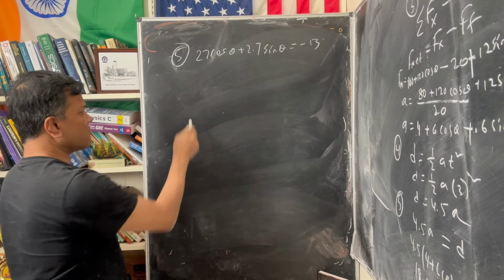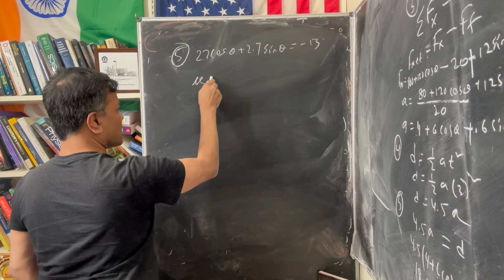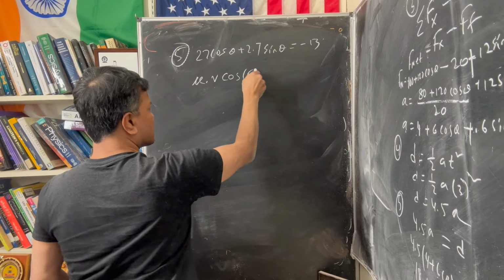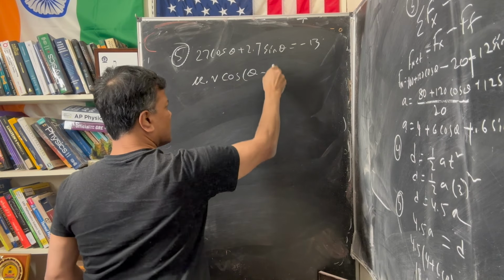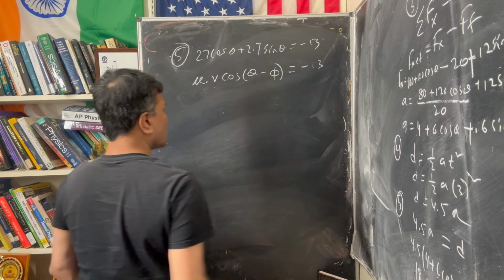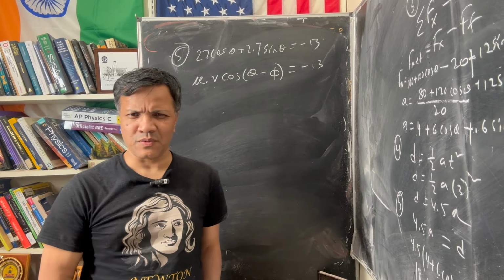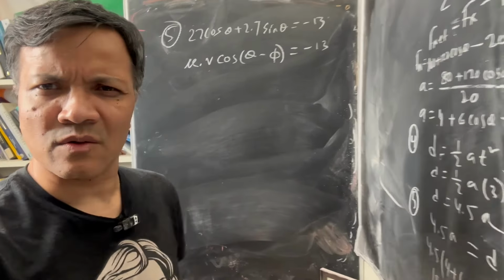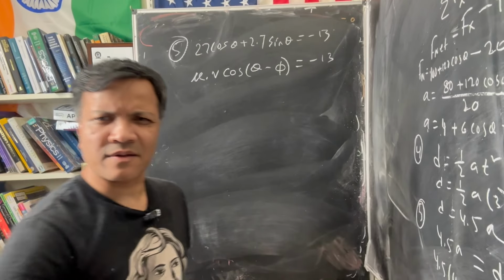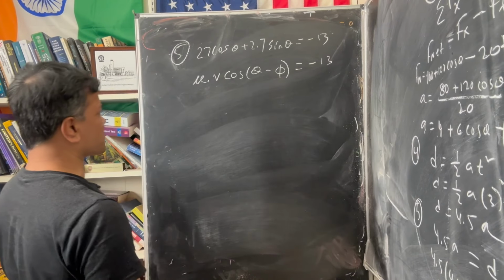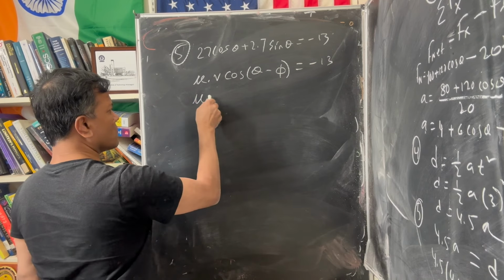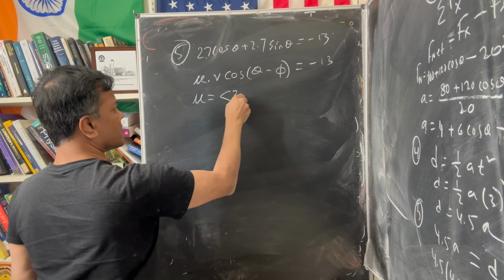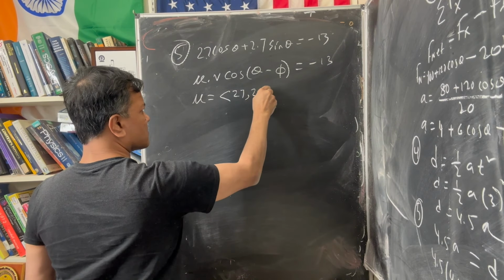Okay, so we're going to write the dot product, u dot v, equals cosine of theta minus p, equal to negative 13. What is going on over here? You probably think. Well, let's explain. U is 27 comma 2.7.